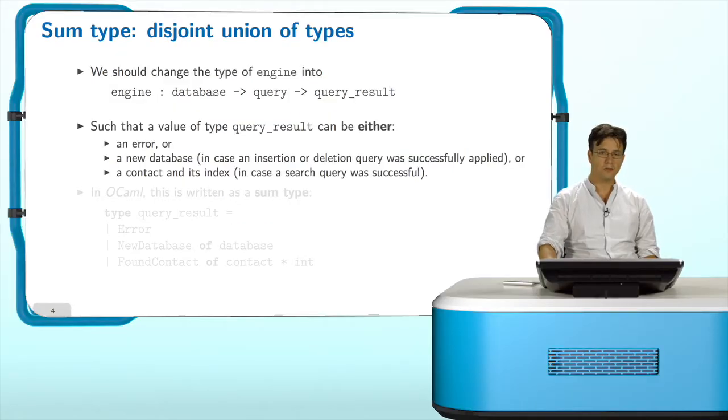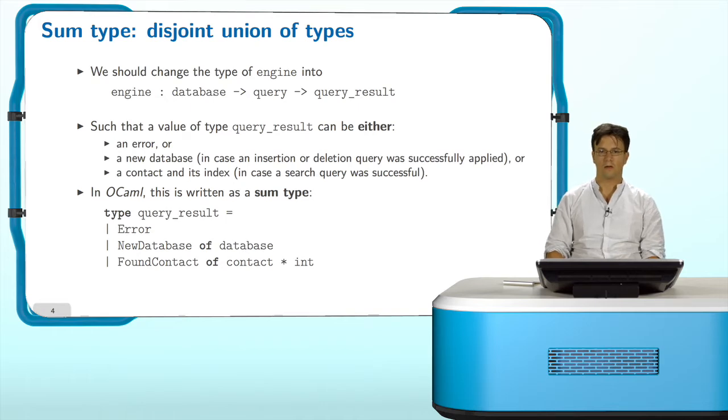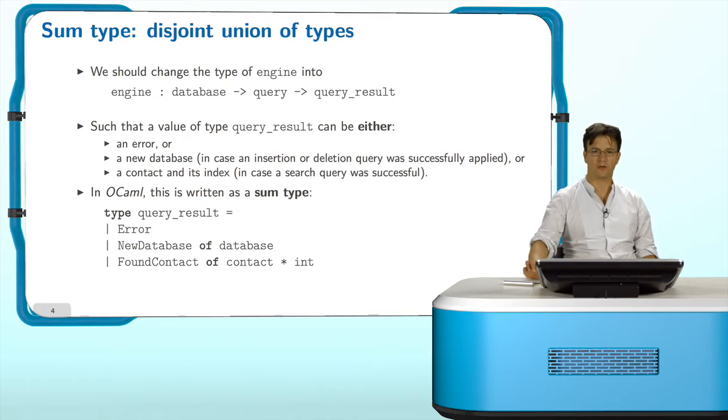And in fact, in OCaml, you can just write a type declaration that really mimics this informal description. You define a type query result using three cases. The first one is Error. The second one is New_database followed by the database. And the third one is a Found_contact case followed by the contact and an integer.